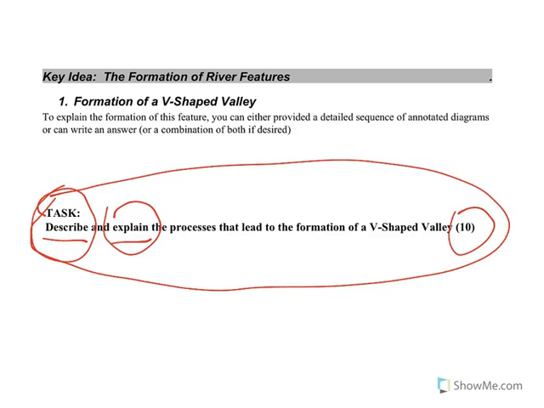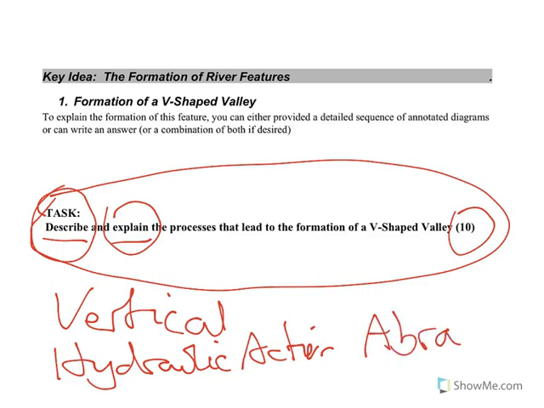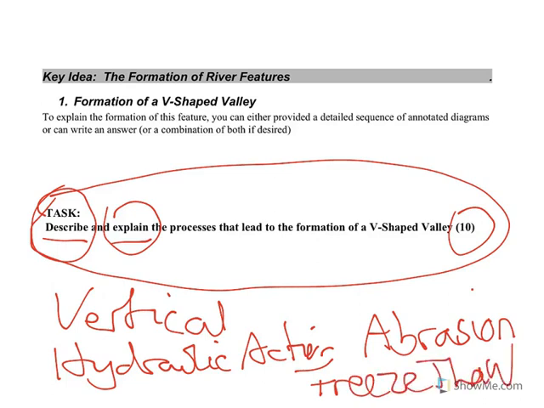Pay specific attention to the ideas of vertical erosion, hydraulic action, abrasion, freeze thaw, or freeze thaw weathering as it's sometimes called, and I also mentioned attrition.